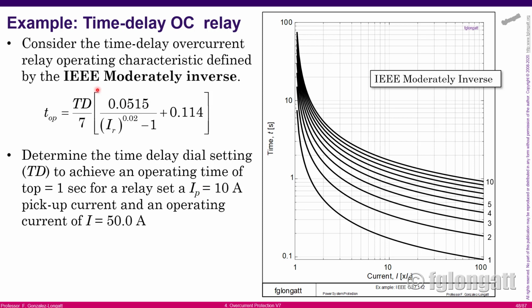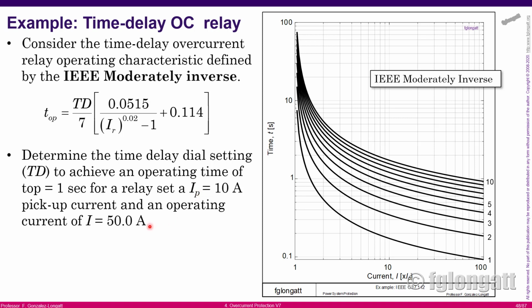Here right now we have an IEEE moderate inverse time current characteristic, and now the question is to determine the time delay dial setting to reach a maximum operating time of 1 second when the relay setting is a pickup current of 10 amps, okay?